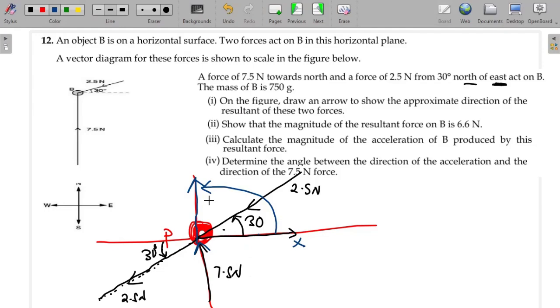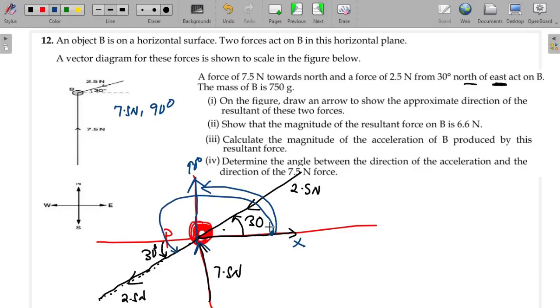So at what angle is that vector? It is at 90 degrees. So I'm going to say my first force, which is 7.5 newtons, is at 90 degrees.